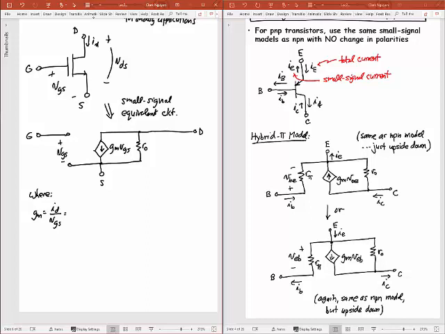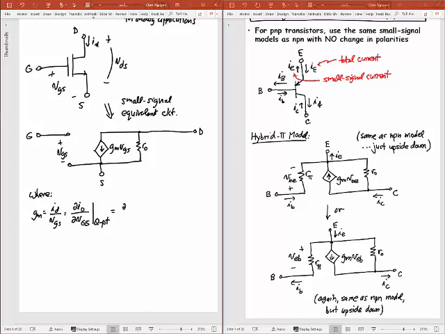So that's going to be equal to the derivative of my total i_D, which I'm writing as little i, big D, with respect to my total gate to source voltage, but evaluated at my operating point, which I've been calling my Q point. The Q stands for quiescent point, so often people will use that for the DC bias point. And so we can do this because we know the equation for i_D for a MOS transistor.